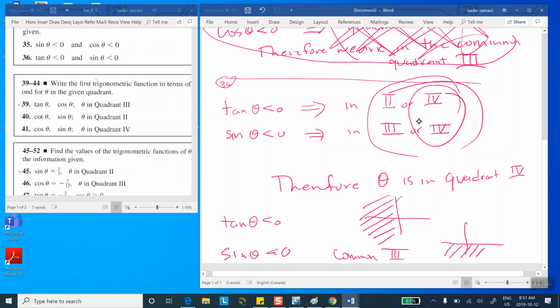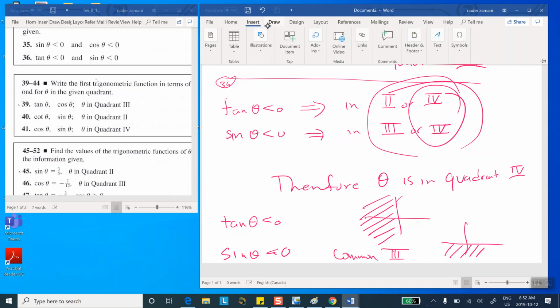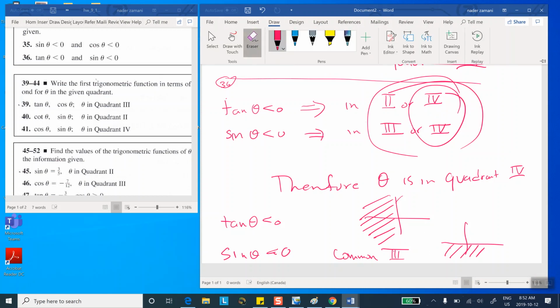So I'm going to go and fix this here. There seems to be something wrong. Tangent of theta negative, this is correct. Sine of theta negative, you are in 3 or 4. The common is there. So let me see here. What did I do? Right, this one is a mistake. My mistake. Bad mistake. Clean it up, please.